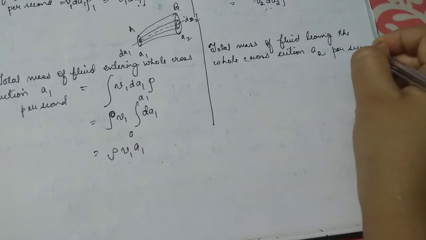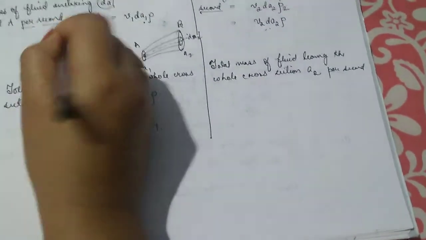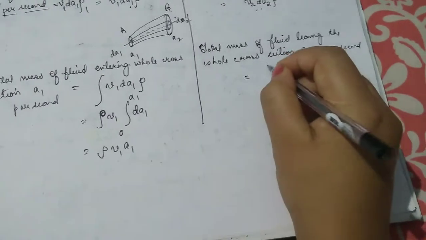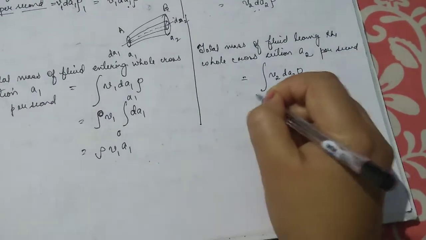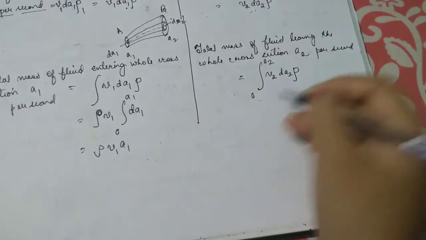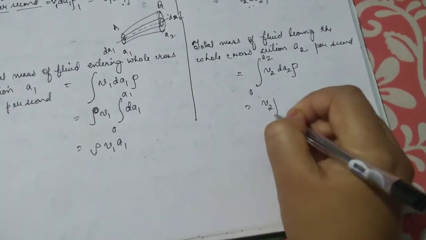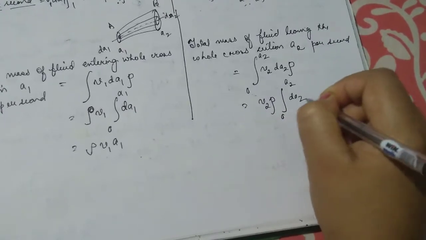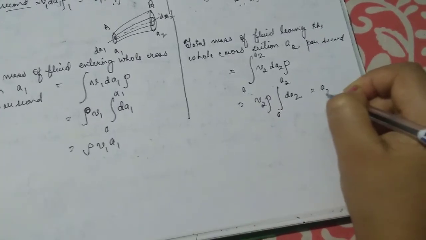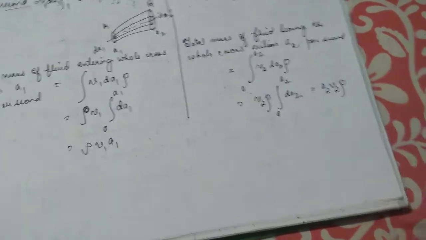Because this is per second, this is also per second. So it is equal to the integration of V2 dA2 rho from 0 to A2. V2 and rho come out, and the integral of dA2 from 0 to A2 gives A2, so it is A2 V2 rho.